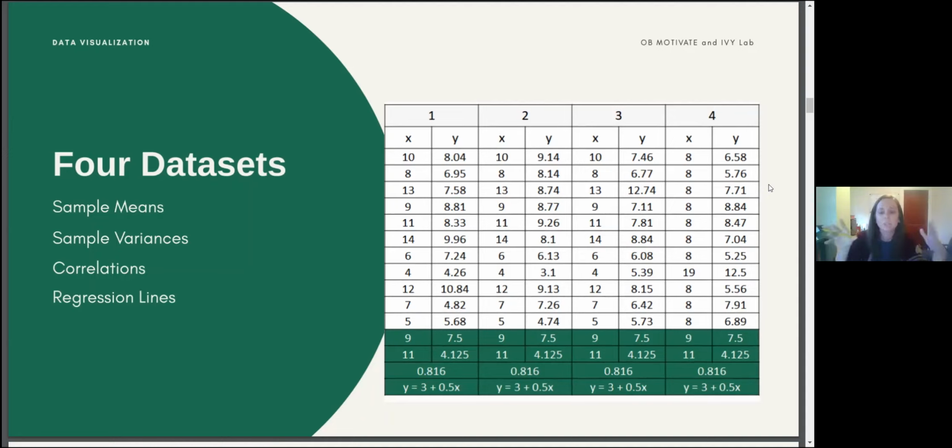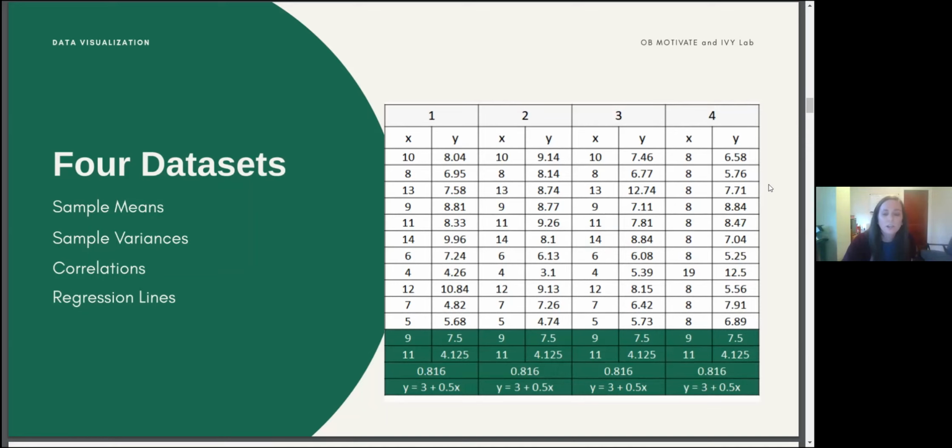They have the same slope. So a conclusion you could draw from that might be that the relationship between X and Y is the same in all 4 of these data sets. But if you stopped there, you would be dead wrong.